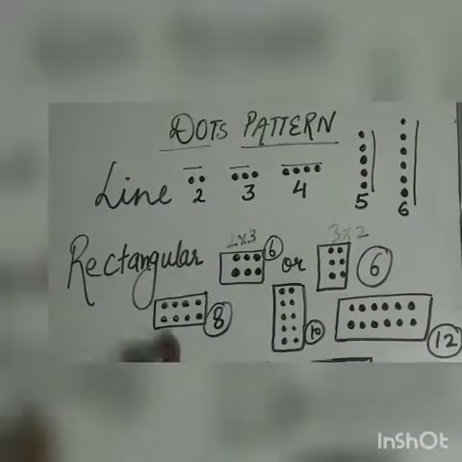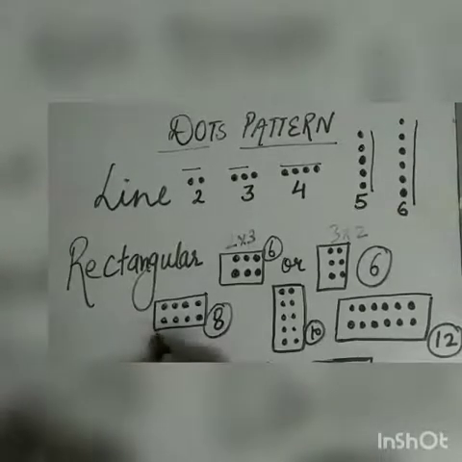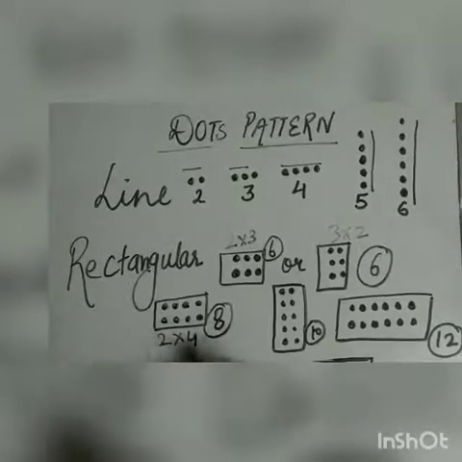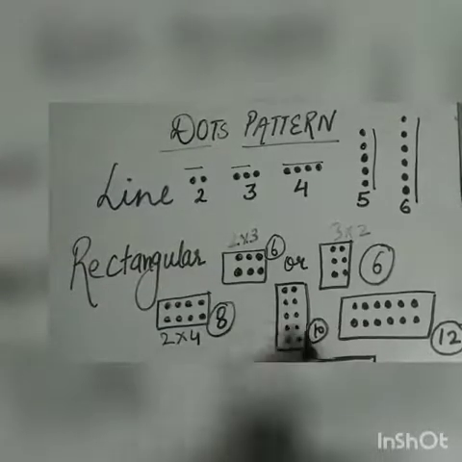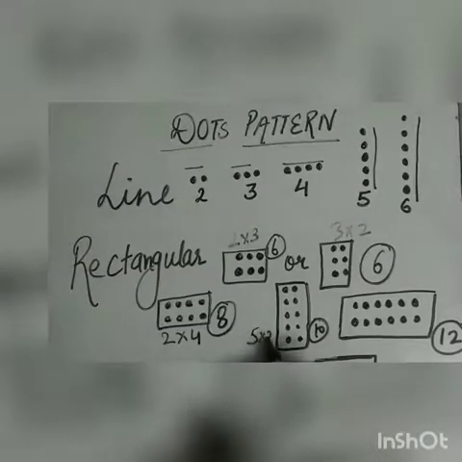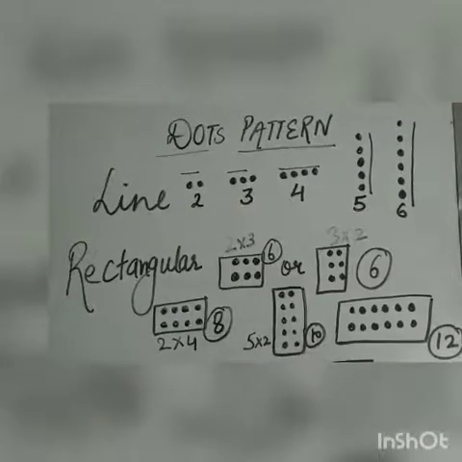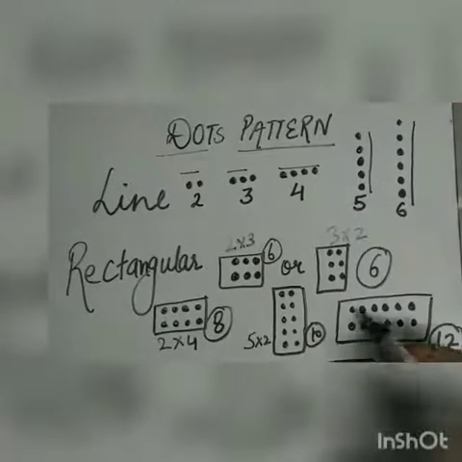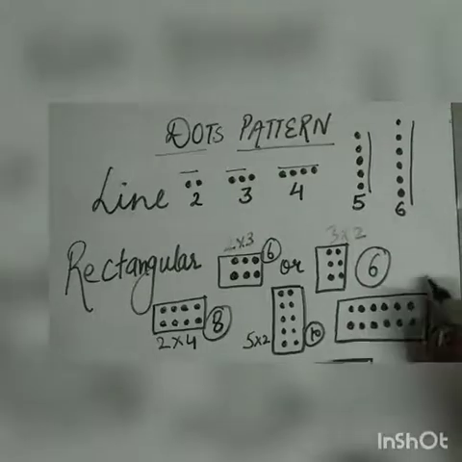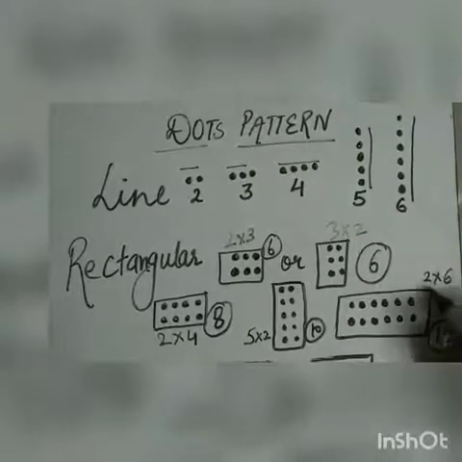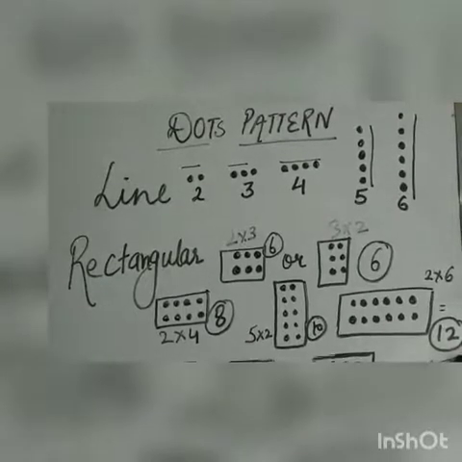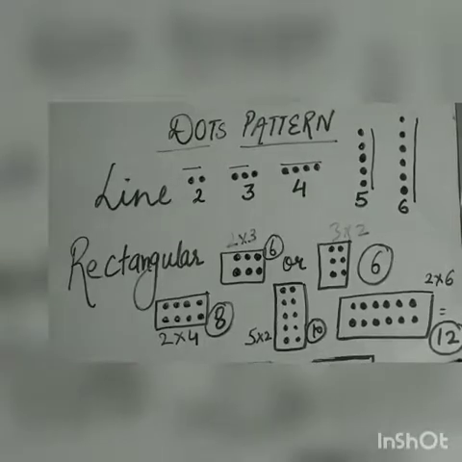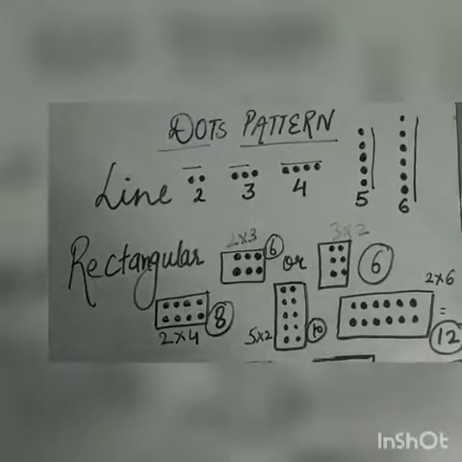In this, the rows are 2 and the columns are 4, so 2 multiplied by 4 is equal to 8. The rows are 5 and the columns are 2, 5 multiplied by 2 is equal to 10. The rows are 2 and the columns are 6, 2 multiplied by 6 is equal to 12. So, the number of dots is calculated by multiplying the number of rows with the number of columns.